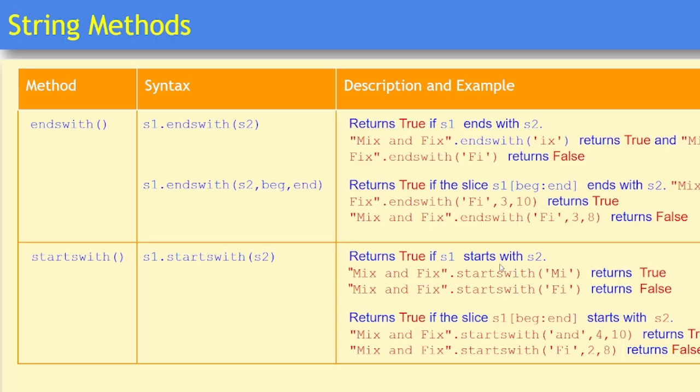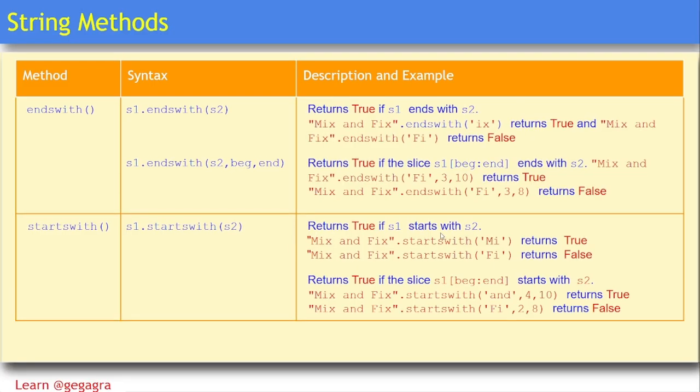See here, there is a string "mix and fix". When we say "mix and fix" endswith "ix", ix is the last substring, and that is why it will return true. I'll show you with the practical.